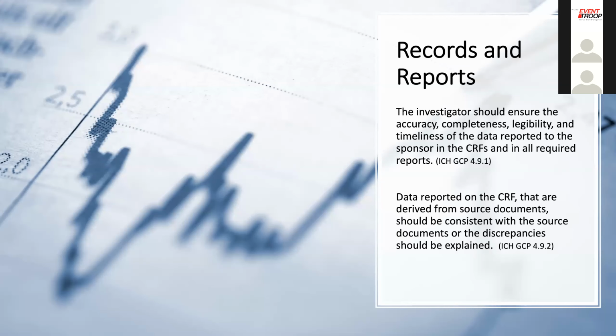If the source data said that the patient's heart rate is 72 beats per minute, then in the CRF, it should clearly state it's 72 beats per minute. This is accuracy, and I'm going to explain towards the end of the lecture what the sponsor does to ensure that this is accurate and there are not any mistakes happening.